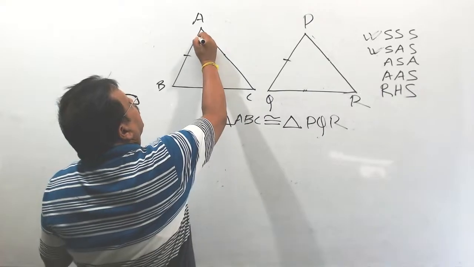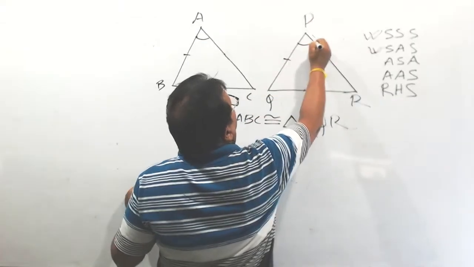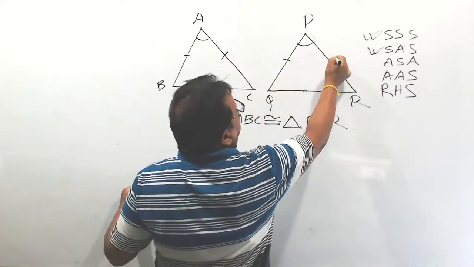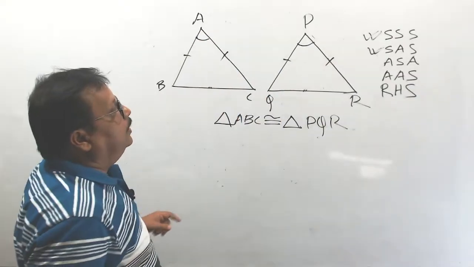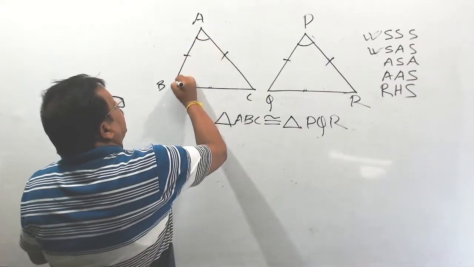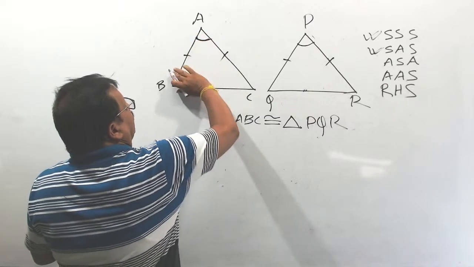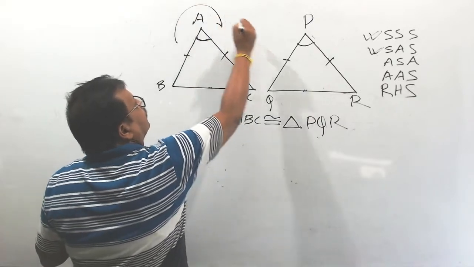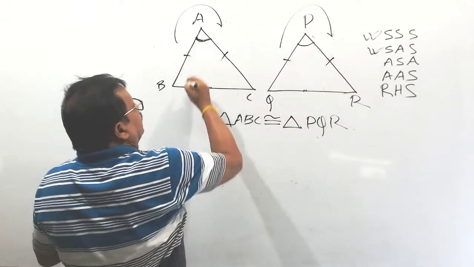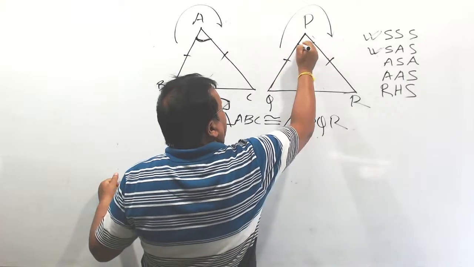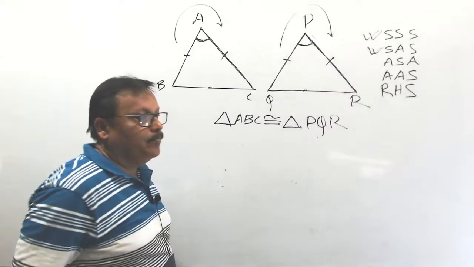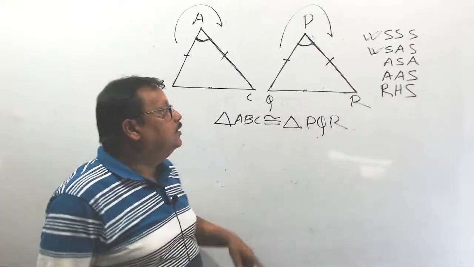Say angle A is equal to angle P. And again side AC is equal to PR. SAS. This is S, one side, then the angle, in order this way. Understood? S, A, S. This is S. Understood? The concept must be clear. This is the second condition.